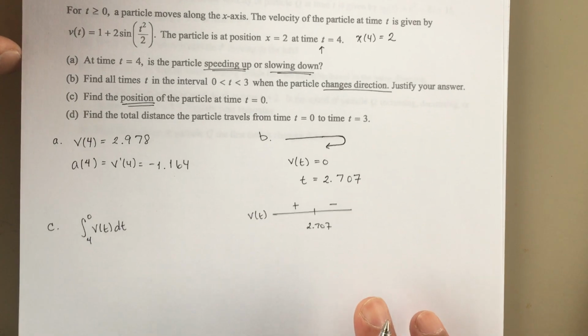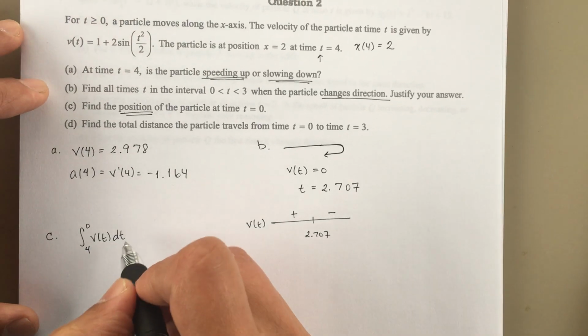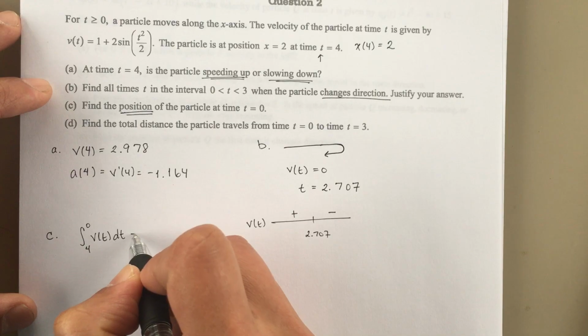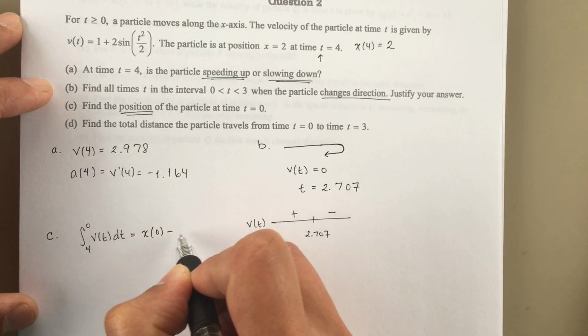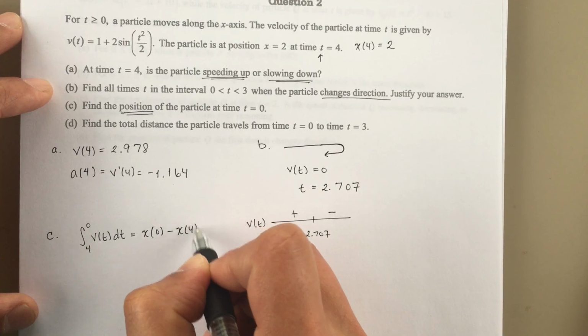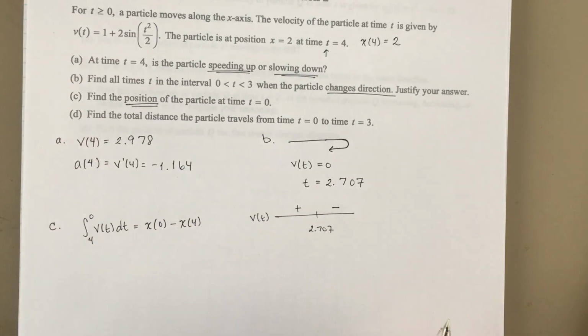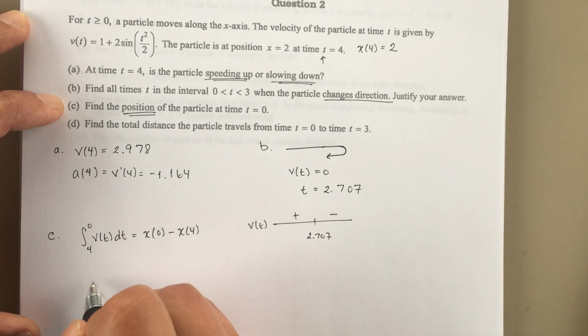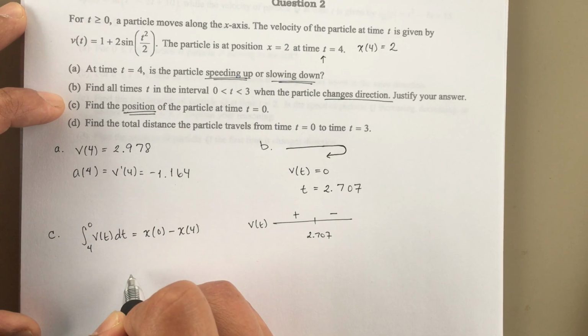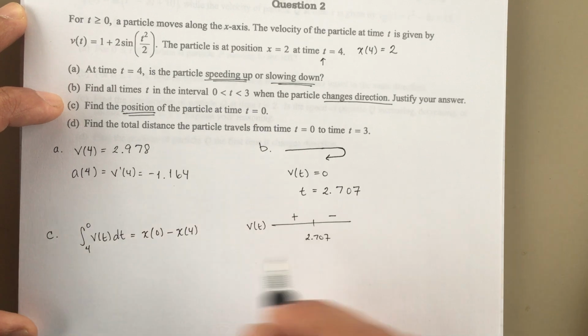And then what happens? Well, if you do your antiderivative, you're going to get x of 0 minus x of 4, the fundamental theorem. And now I have to find the position at 0, so I'm going to take this guy here to the left. Hopefully it doesn't confuse you.